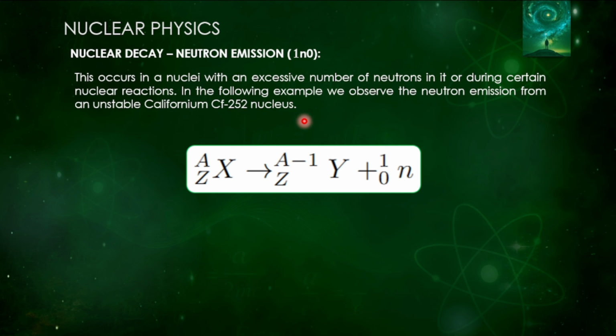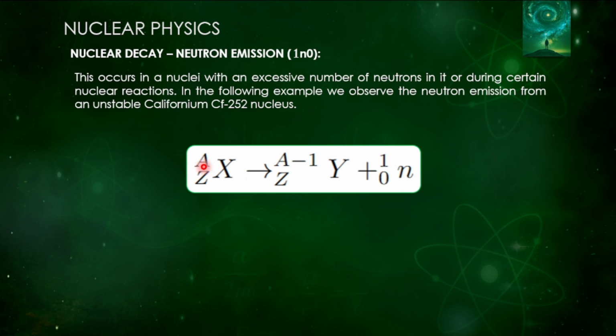Neutron emission occurs in nuclei with an excessive number of neutrons, or during certain nuclear reactions. In the following example, we observe neutron emission from an unstable californium. But let's first observe the equation of the reaction.